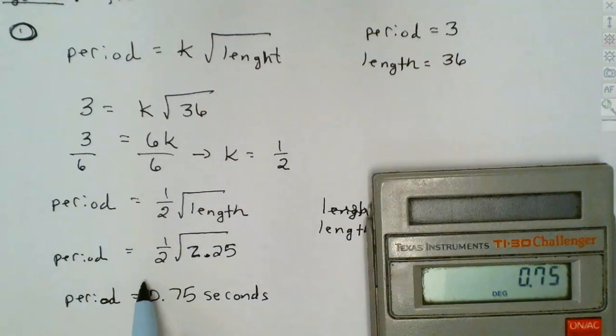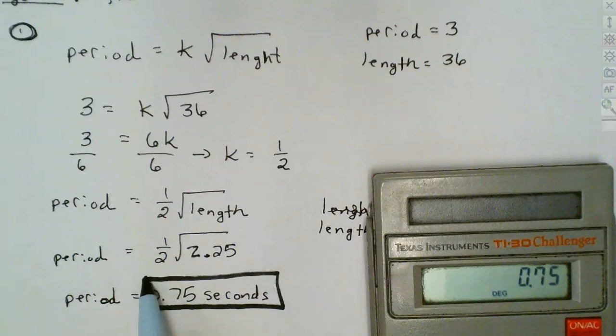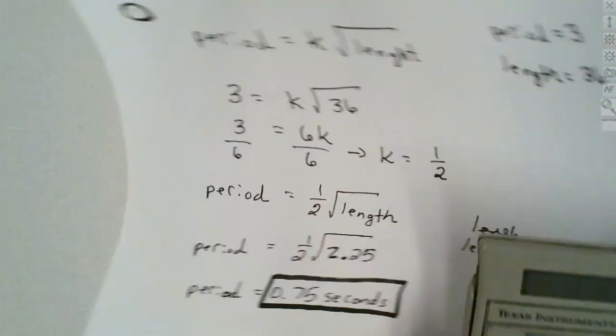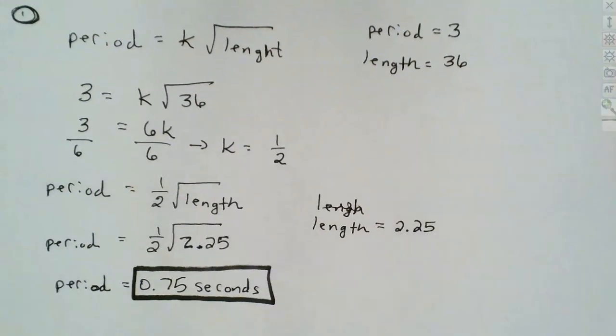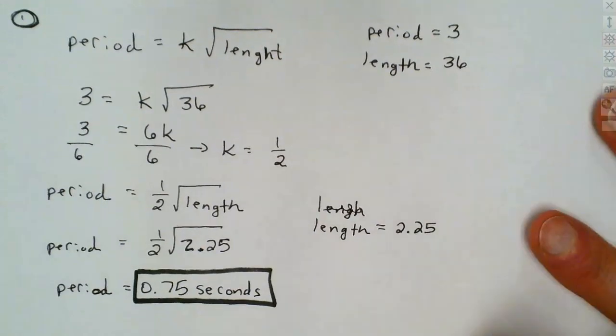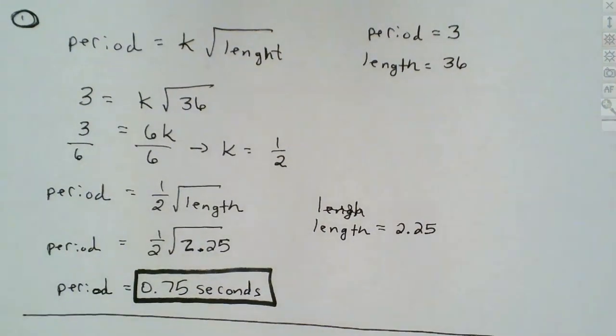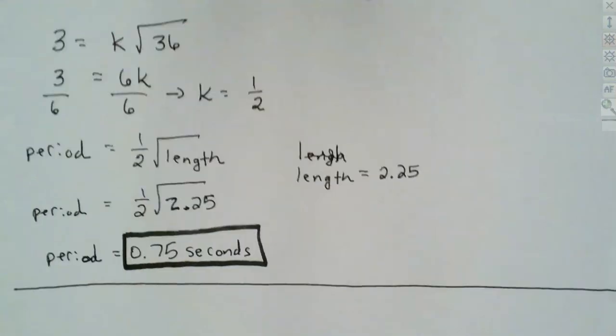And if we decrease the length of the pendulum, that also directly decreases the time it takes for the pendulum to swing back and forth. So one influences the other. So that's direct variation, and that one was directly to a square root.